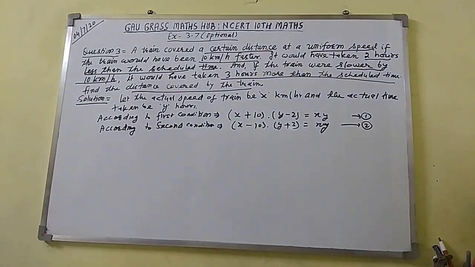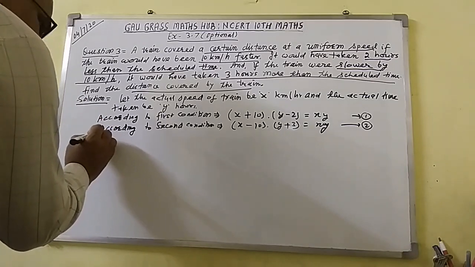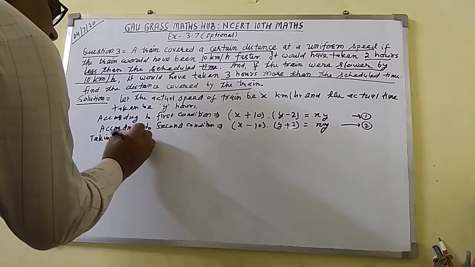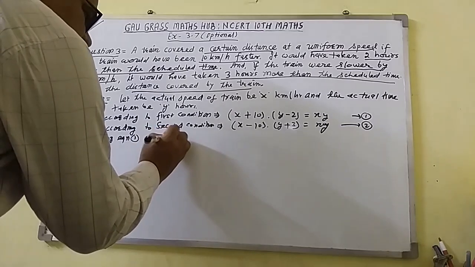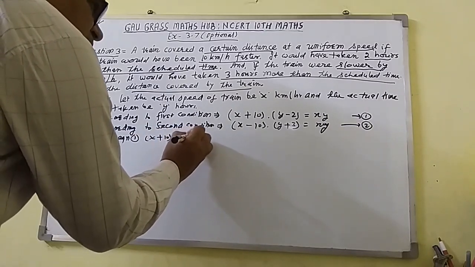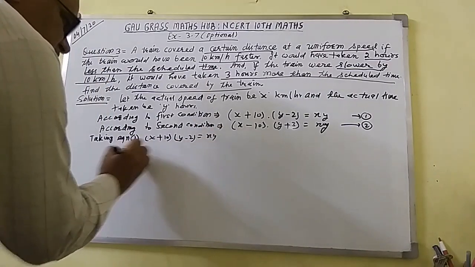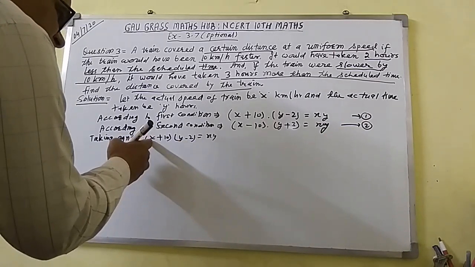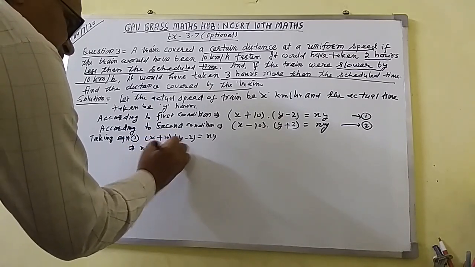Now, what to do next? Now come to simplification of equation number 1. Taking equation number 1, x plus 10 into y minus 2 equal to xy. Now multiply. y will multiply to x, this will become xy, plus 10 will multiply to y, this will become 10y.